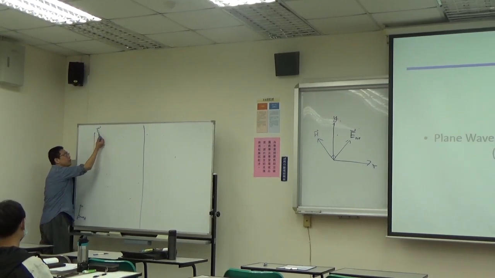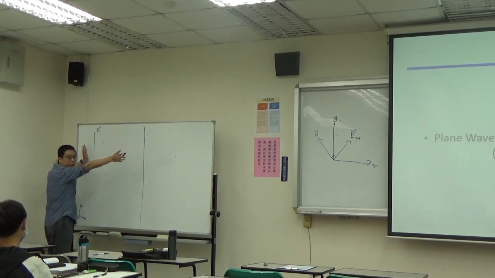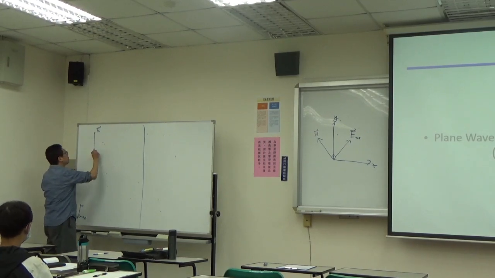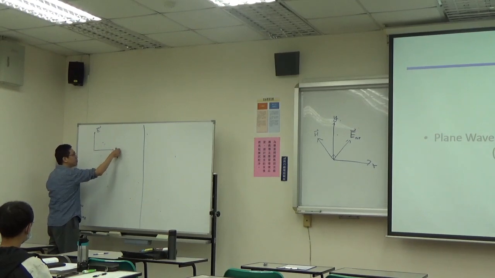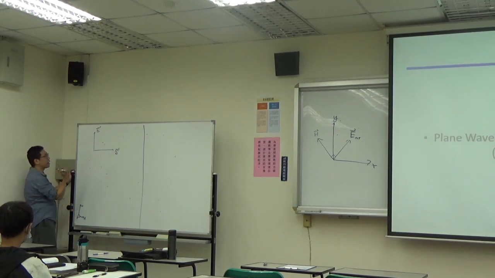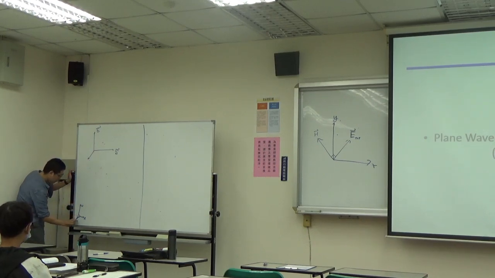This is my E field, and it is only propagating in the Z direction to my surface. The surface is the XY surface. This is the direction of, maybe I use the same symbol, S propagation. And I have Y, it is outside. This is the H field. E cross H.